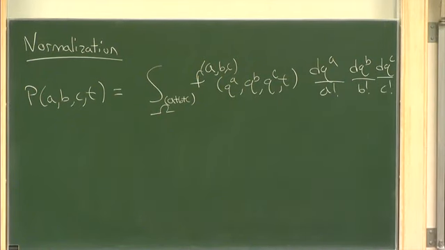The factorials are so that we don't overcount a given point because we've symmetrized things.